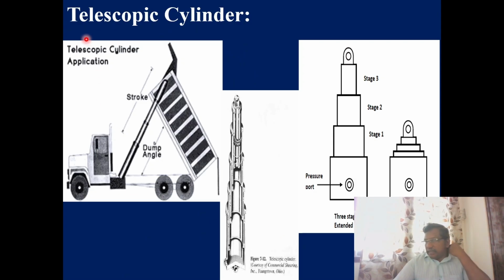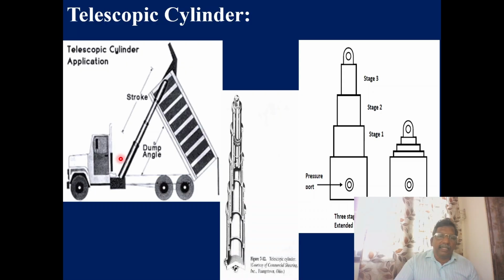Here in this picture we are seeing the telescopic cylinder. So in all our trucks you can see this type of stroke. Whenever we need a long stroke, we can go for a telescopic cylinder. Especially in all our lorries or trucks, we can have this kind of long stroke to dump the soil or bricks or metals. How it is working is, it is having a number of cylinders. Each cylinder acts as a cylinder as well as a piston.